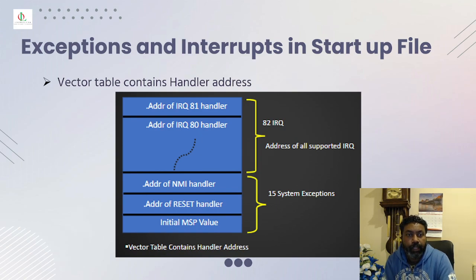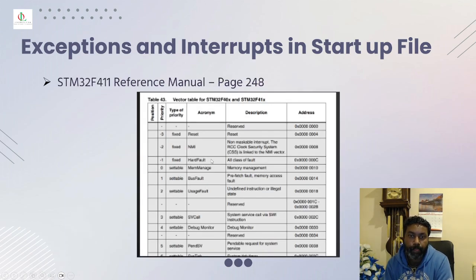As we learned, the startup file has 15 system exceptions and 82 IRQs. So this is how the vector table is laid out. First it reserves the main stack pointer, then the system exceptions, and then all the interrupts follow.